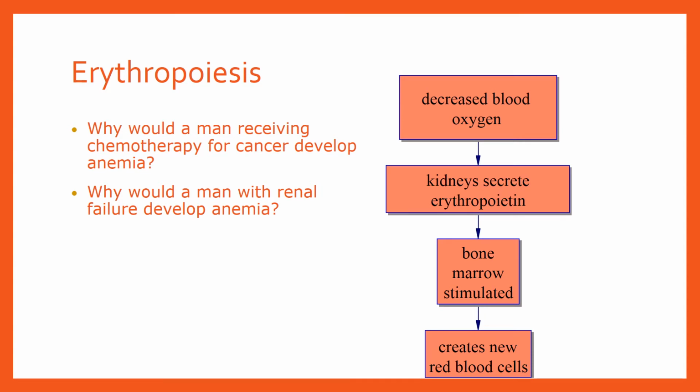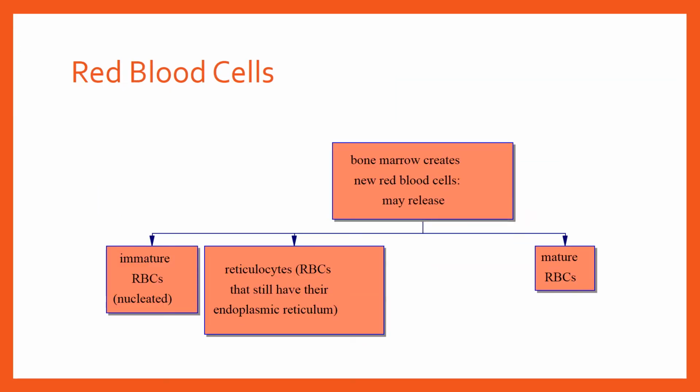Bone marrow can produce enough, but kidneys don't make enough erythropoietin, so bone marrow isn't stimulated enough. Bone marrow is the site of red blood cell synthesis, so they can be stored there and released.